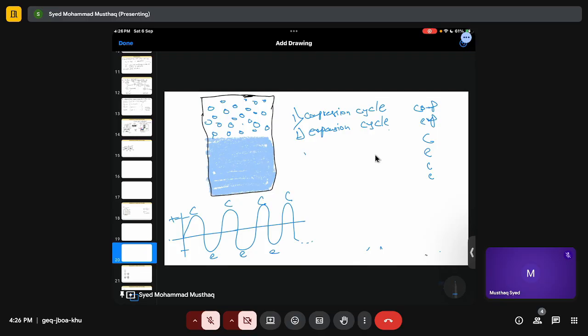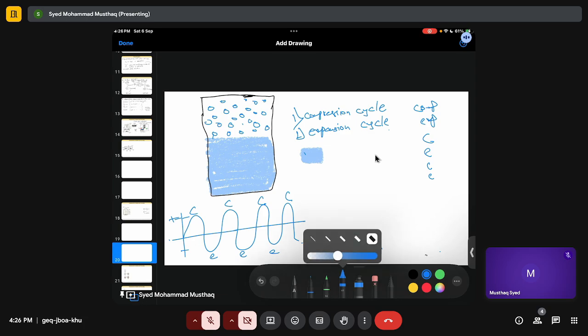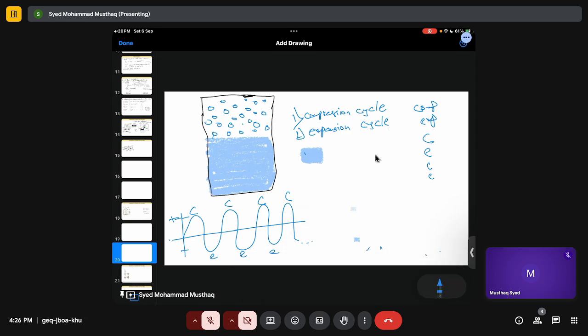So let's say this is my liquid. Okay. Now whenever I try to expand my liquid, then what happens?